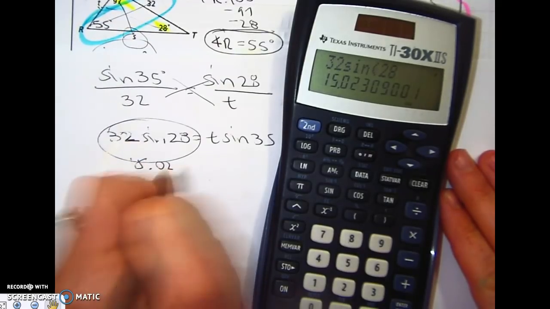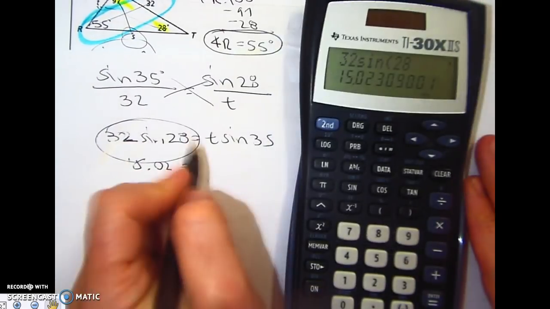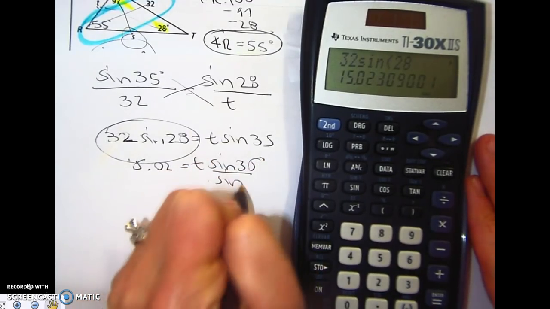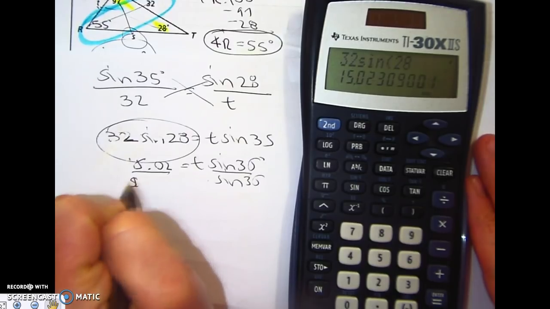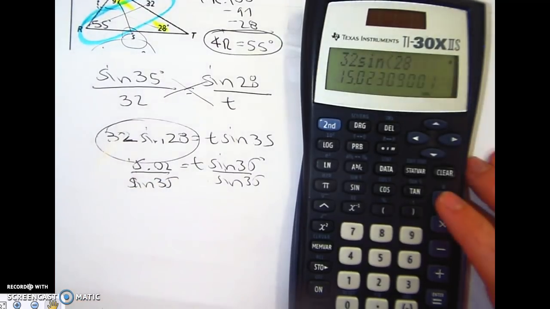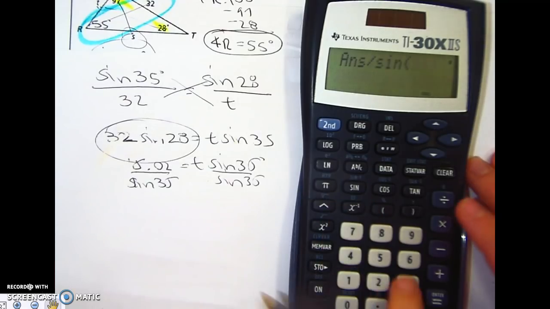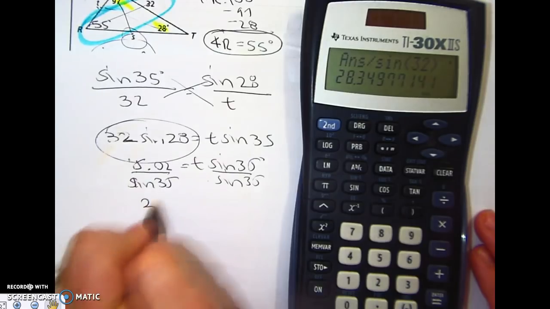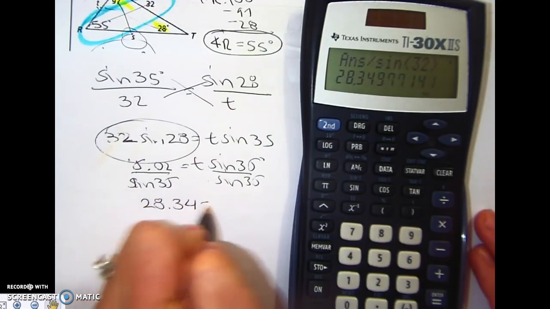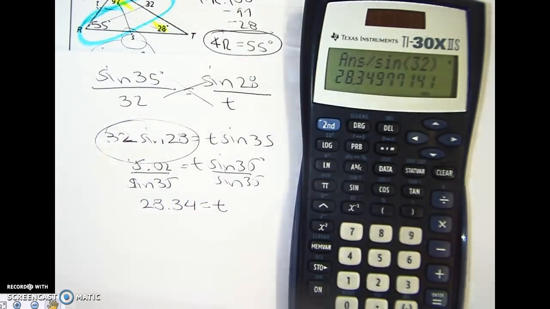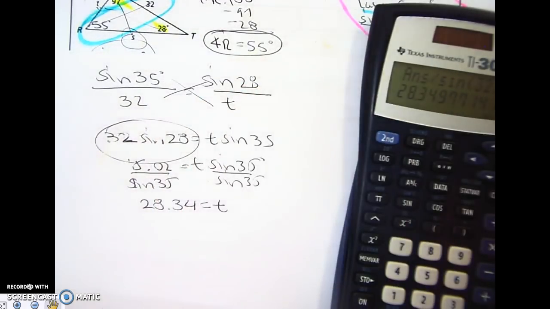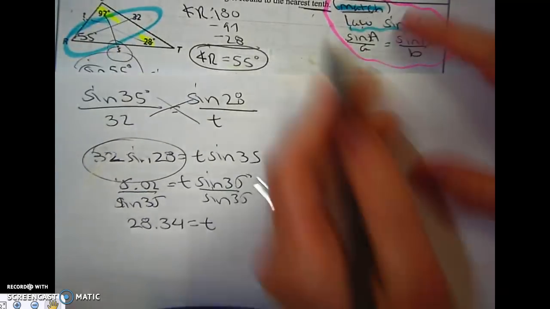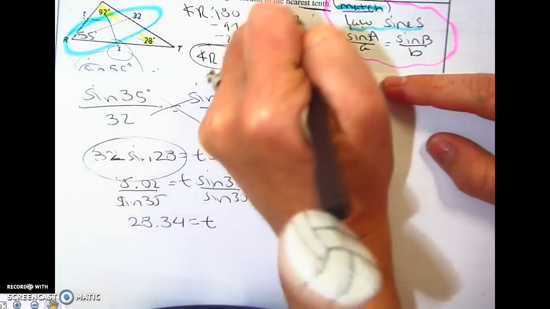I'm just writing the estimated. It doesn't matter. And then I'll rewrite it. Now I'm going to divide by sine 35. And I get 28.34. That's the length of t, but now I have to remember that I asked you to round it to the nearest tenth, not to the nearest hundredth. So when I look here, that should actually be 28.3. So t is 28.3.